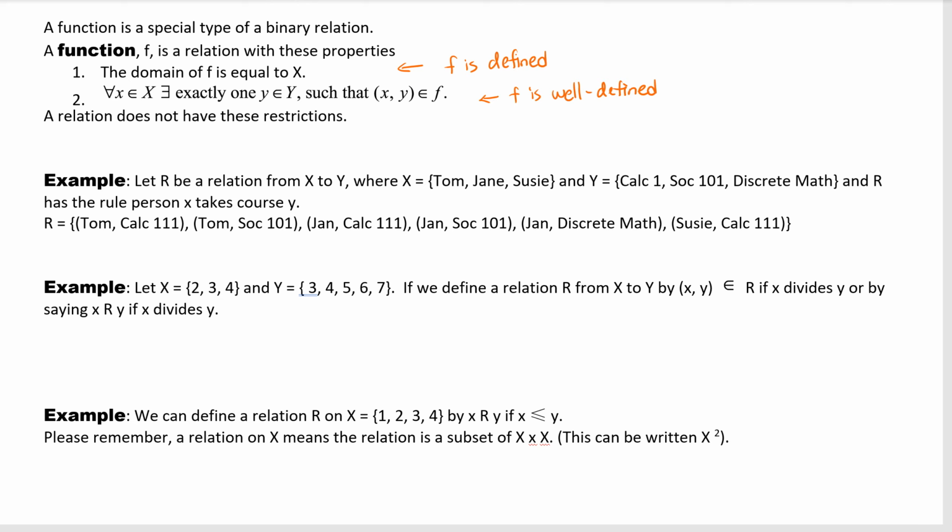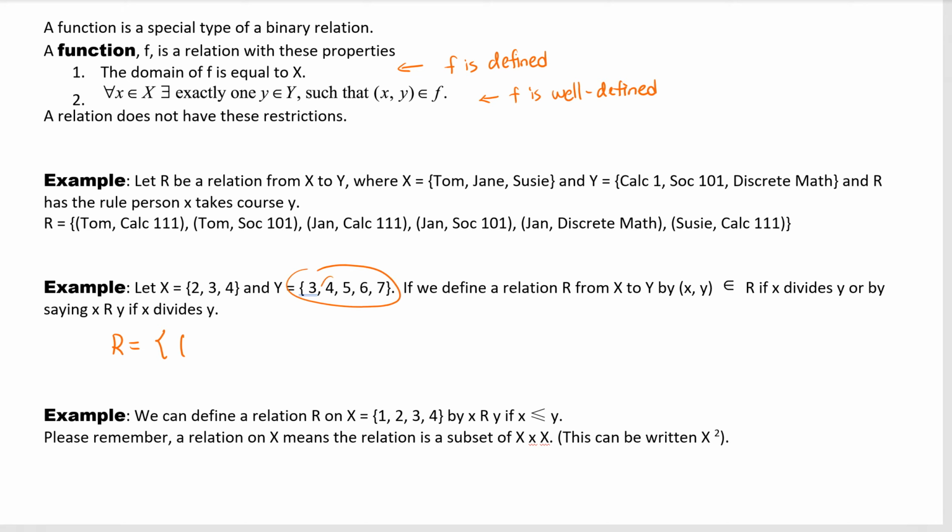Okay. Next example. Let X be {2, 3, 4} and Y be {3, 4, 5, 6, 7}. If we define the relation R from X to Y by saying the ordered pair (x, y) is in R if x divides y, or by saying xRy if x divides y. Now let's see what that is. 2 divides which elements?